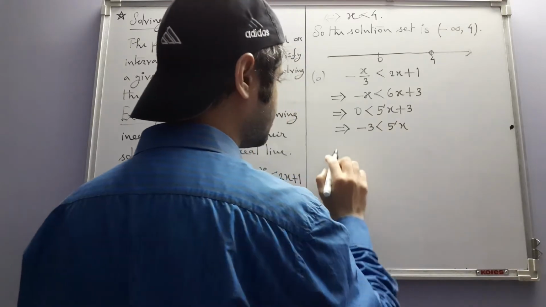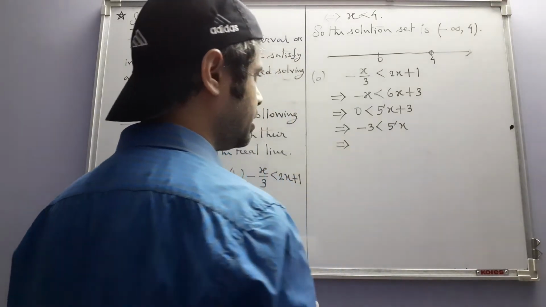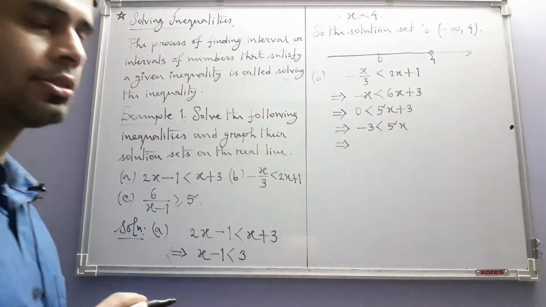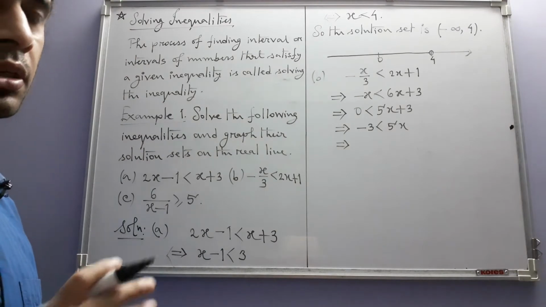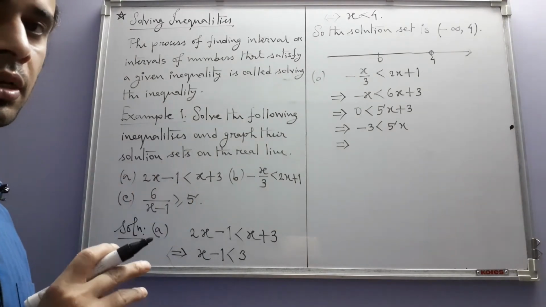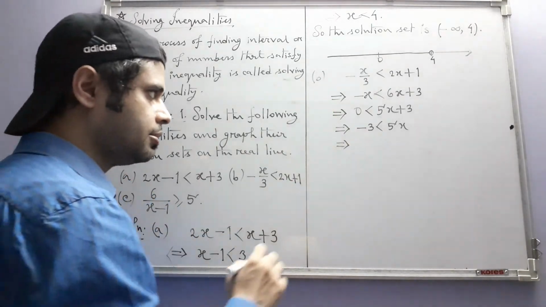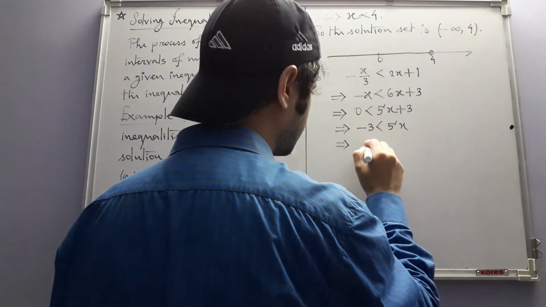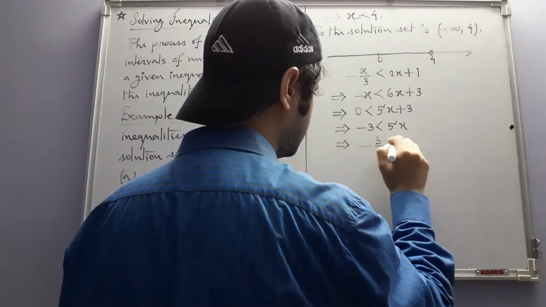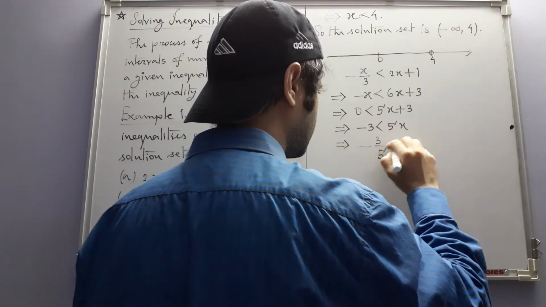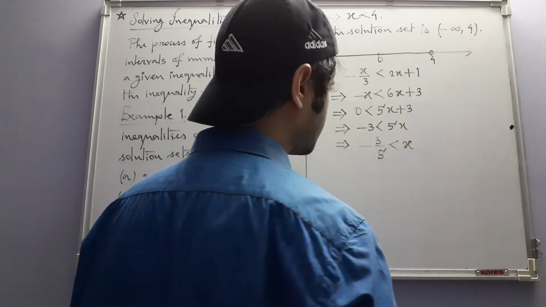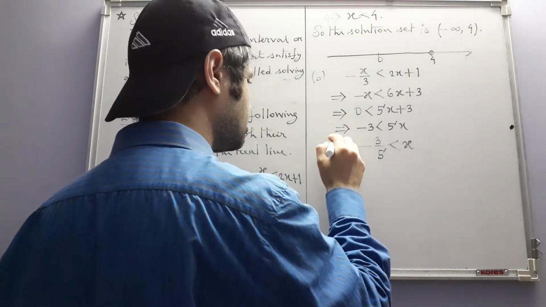And then we can multiply both sides by 1 by 5. Now 1 upon 5 is a positive real number, so the inequality will not change direction and we will get this. The converse is also true.